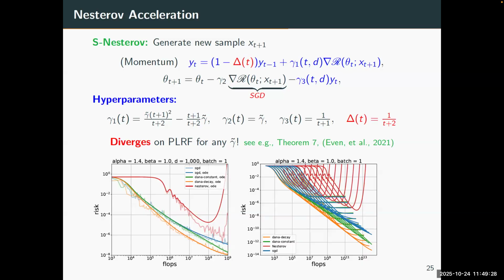This is building up noise from the stochastic gradients over time, and this has just one stochastic gradient, a fixed noise, and you only get one parameter to choose. So if you see this, this is the gamma tilde Nesterov. And so there's no way to choose this gamma tilde so that in this model you actually end up stable.